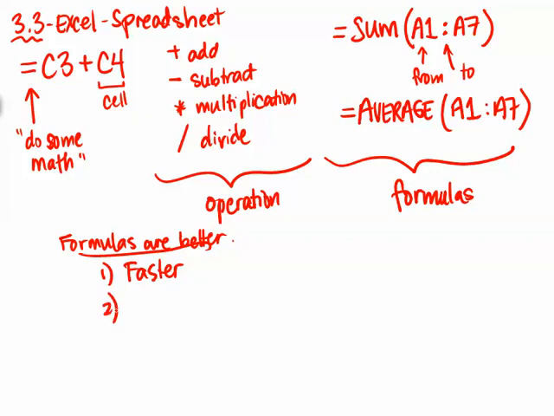Another reason is that it responds to any changes that I make. For example, if I change whatever is in cell A1, then it recalculates everything for me. It doesn't have to ask you to recalculate, it'll recalculate everything for you.